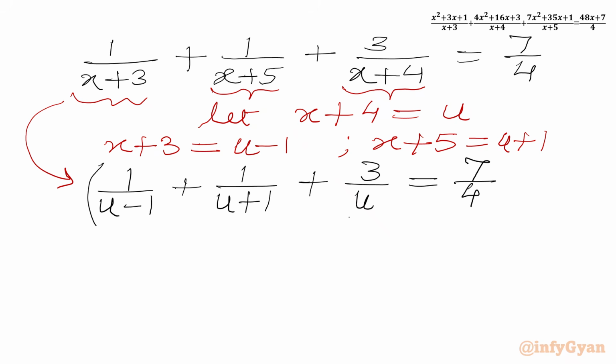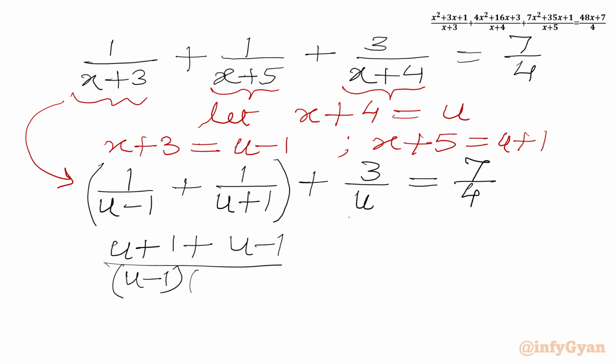Now we are going to take LCM over here. So we will get u plus 1 plus u minus 1 in the numerator, and in the denominator we can write u minus 1 times u plus 1. Then we have plus 3 over u. In RHS we will write 7 over 4.